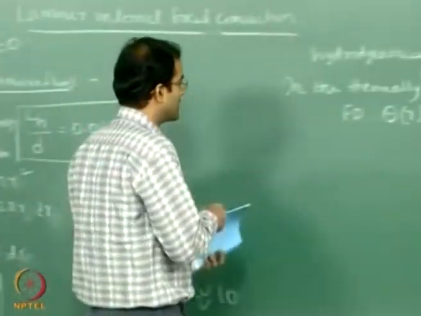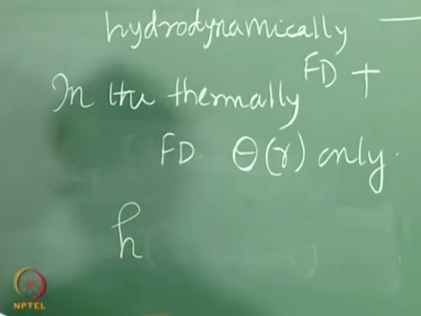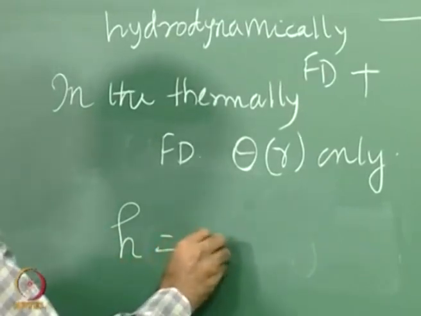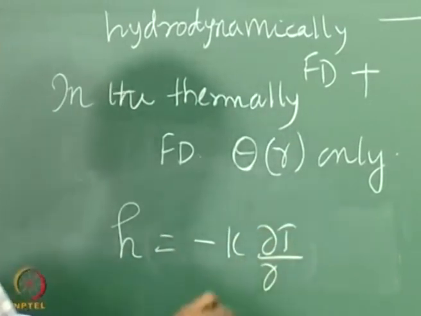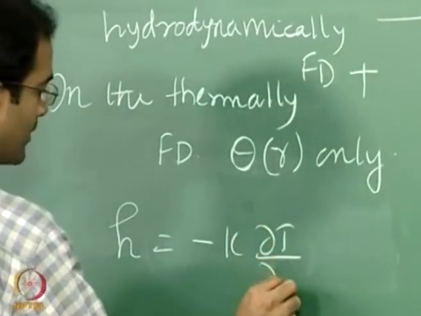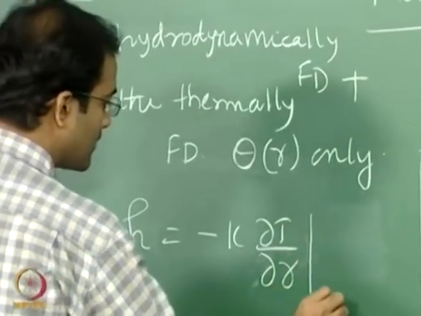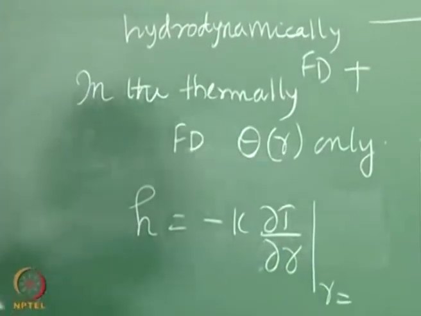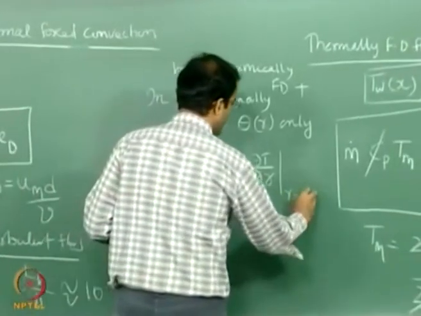So for this particular region, you can calculate your heat transfer coefficient as minus k dT by dr, now it is not y anymore, it is r, and this will be at r equal to r naught, the wall heat flux.